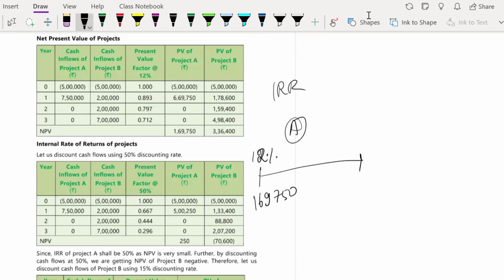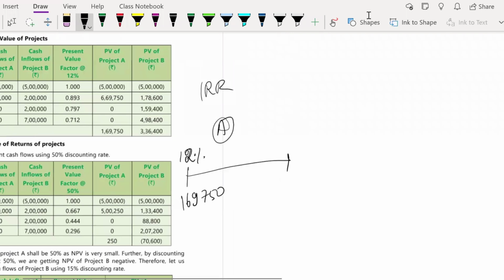Now, if you have to bring it to zero, that means if you have to reduce your NPV, what will you do? Increase your discounting factor. Very good.